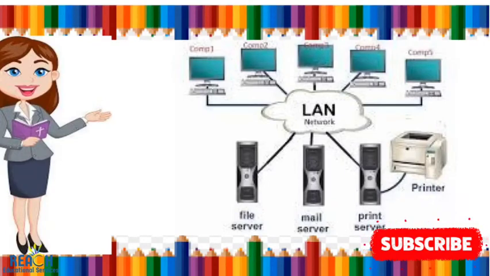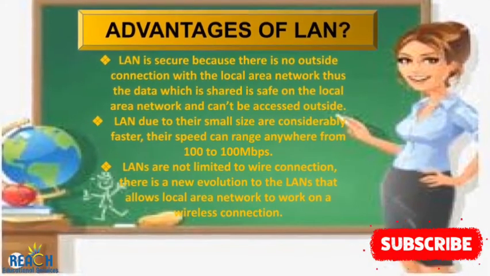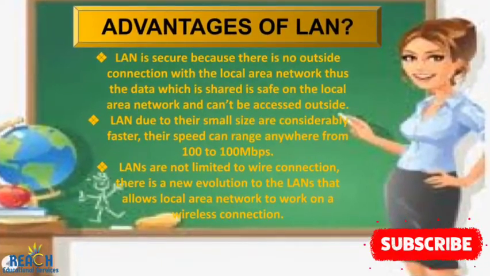The local area network has its advantages and disadvantages. Advantages like it is secure because there is no outside connection. Another one is that due to the small space or small size, the internet speed is relatively fast. And the final one I have for you is that it has limited wired connections.